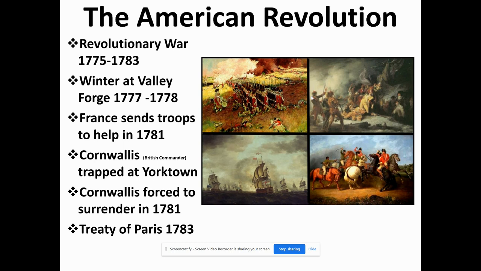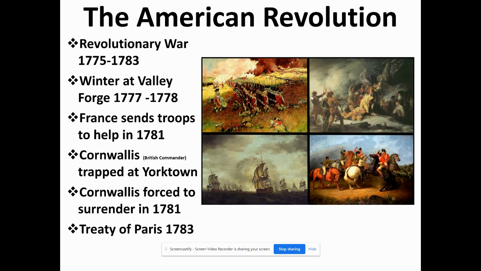But one of the good things that came out of Valley Forge is Washington used this as a time to drill his soldiers and teach them to be real soldiers and not just militia groups, a group of people that were just thrown together. And they become real soldiers, understanding how to fight and how to be disciplined as a soldier.